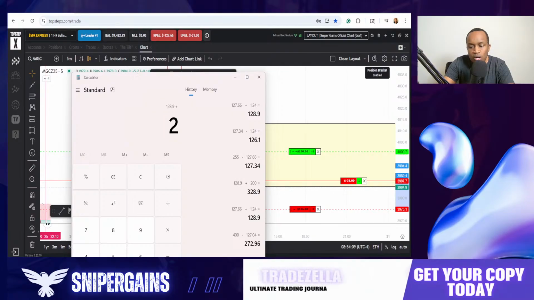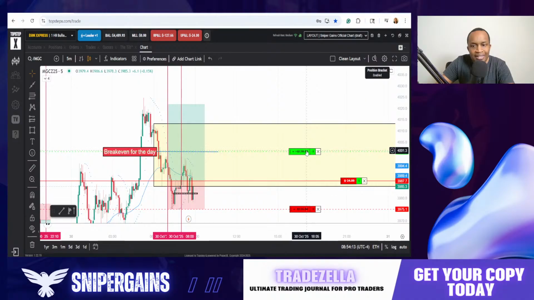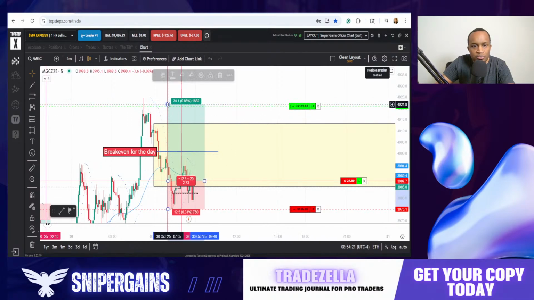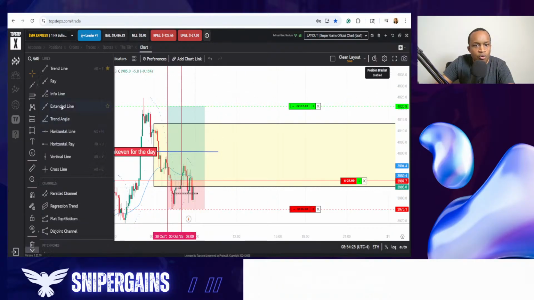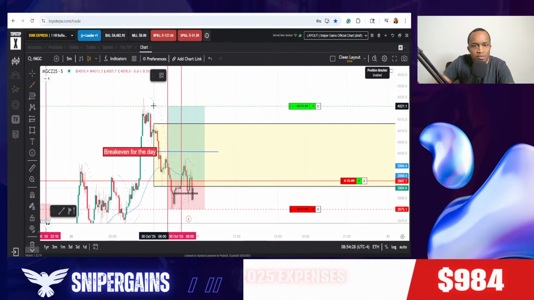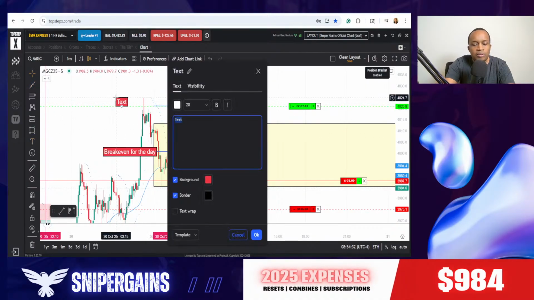So plus 200, that's 328.9. So at least bare minimum be around maybe even like 332. That way I can know how I'm going to play the game. And then that would be a $200 winning day.